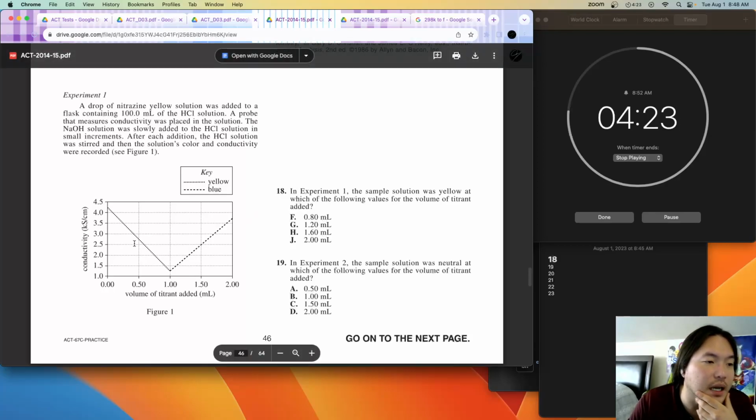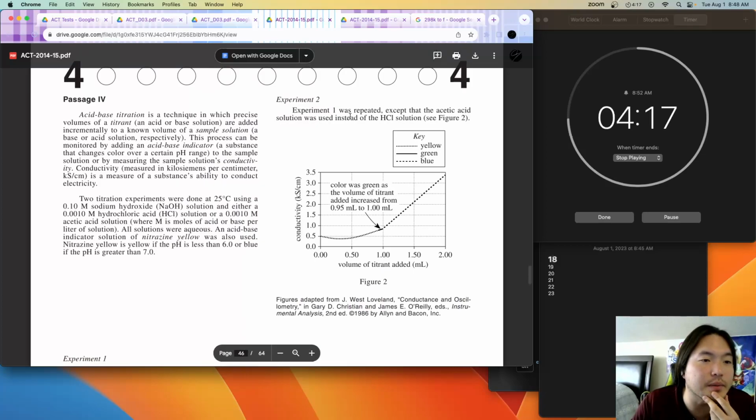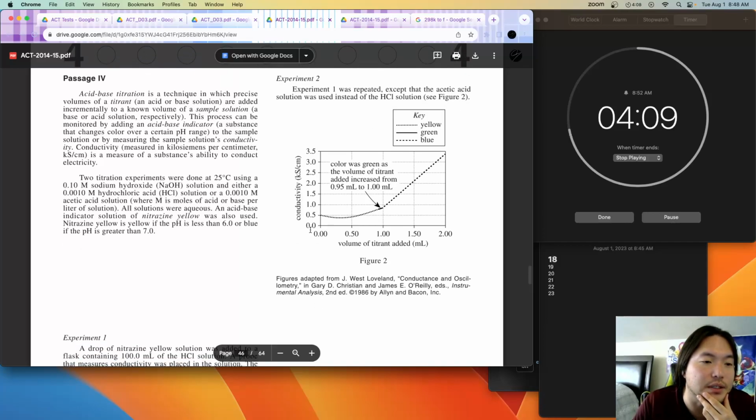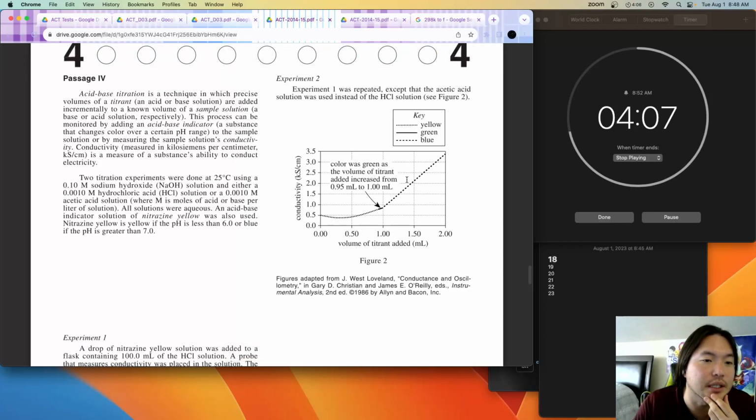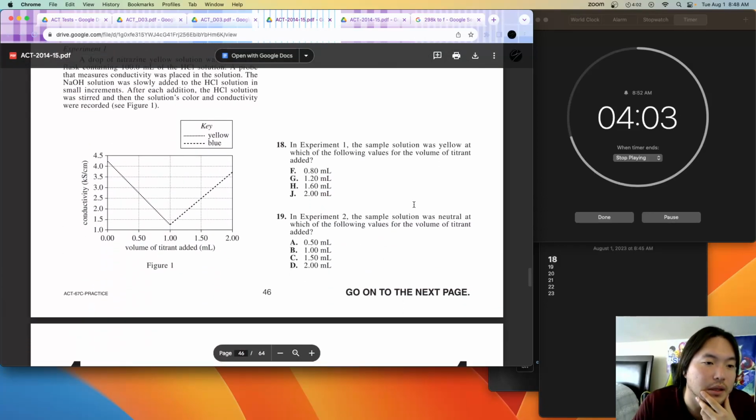So I think conductivity probably is high if it's acidic. It's also high if it's basic. That's what I'm thinking. Experiment 1 was repeated, except the acetic acid solution was used instead of the HCl solution. So here, I think acetic acid solution is like a buffer, so that's why you see a different pattern over here. But after a certain point, you start becoming basic, I think.